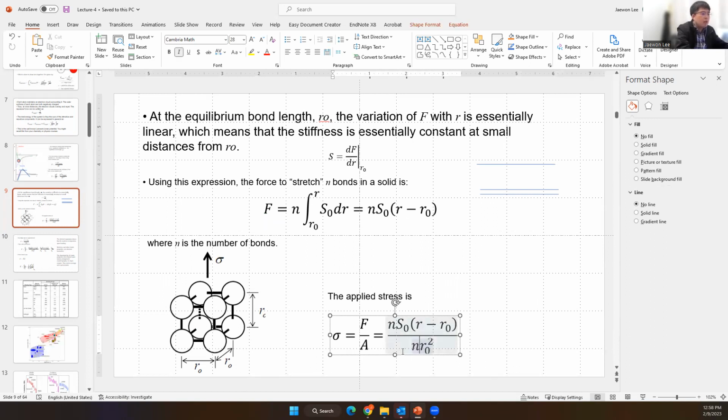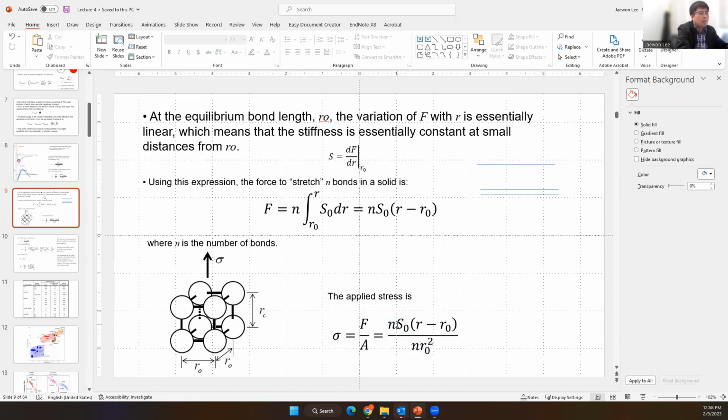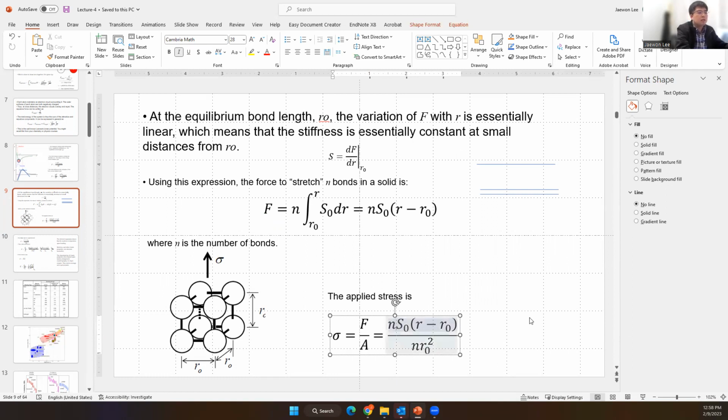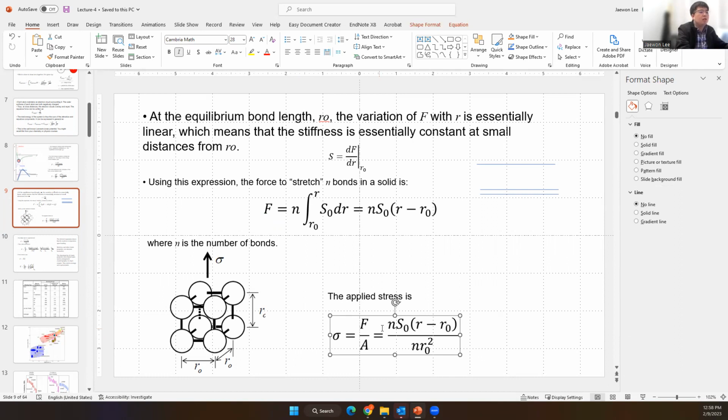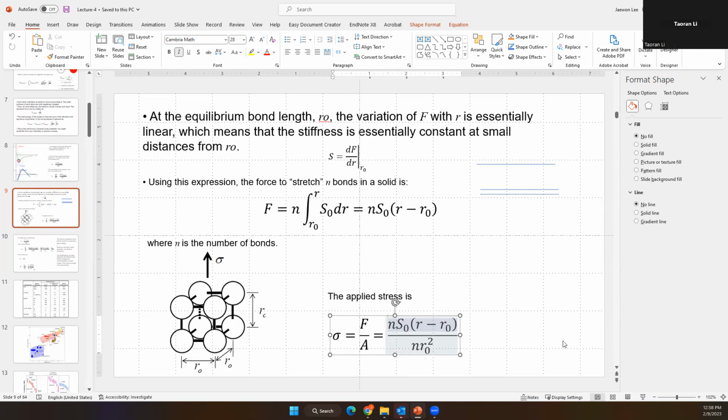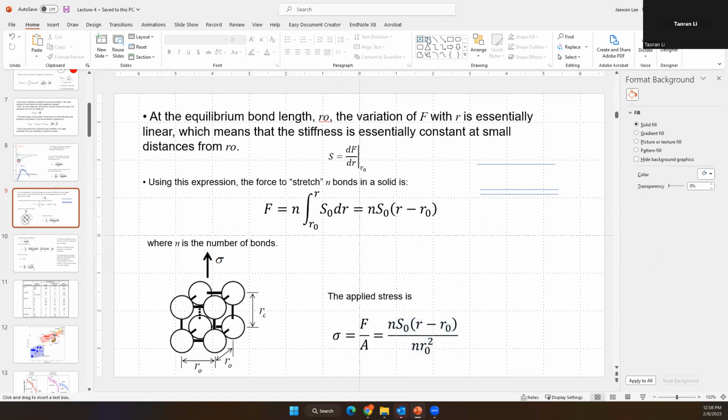So at the time, we can make the area N squared, and then there are N bonds. So this is the equation. In fact, the definition of N is the number of bonds, but when we derive these relations, we assume this is one bond. Let me explain this one. I think this is much better.